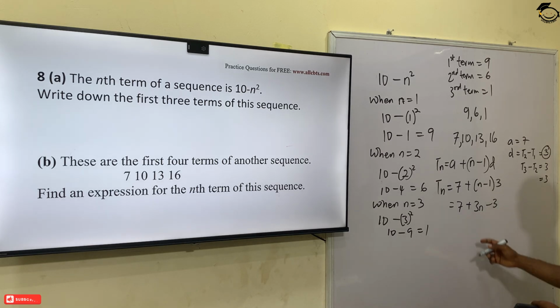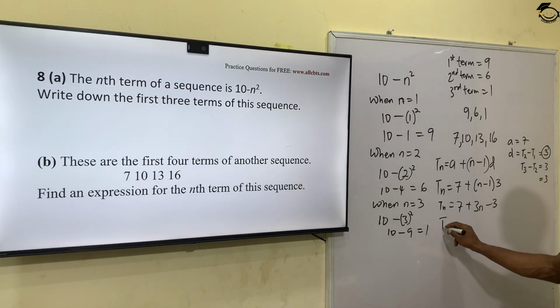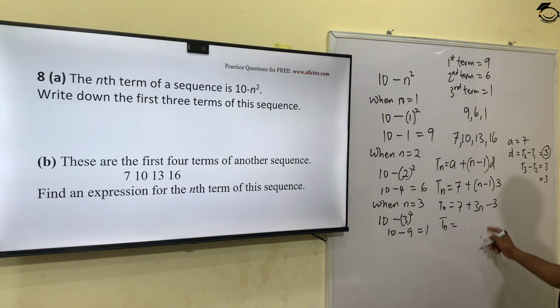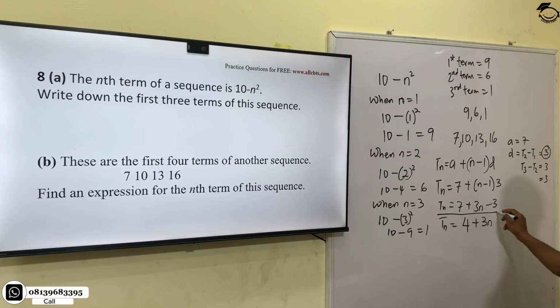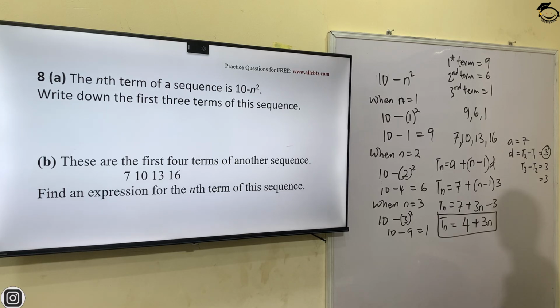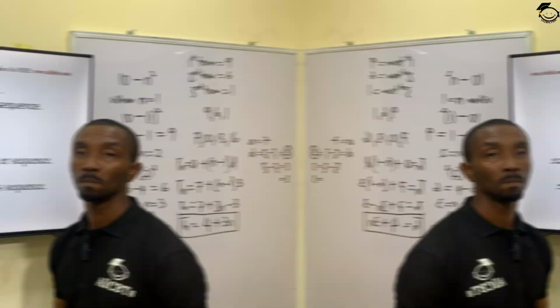So now we have this as 7 plus 3n minus 3. So collecting like terms, this becomes 7 minus 3 gives us 4 plus 3n. So the expression for the nth term of this sequence would be 4 plus 3n.